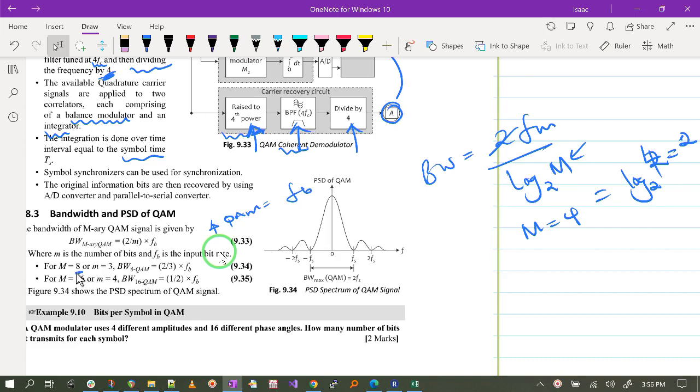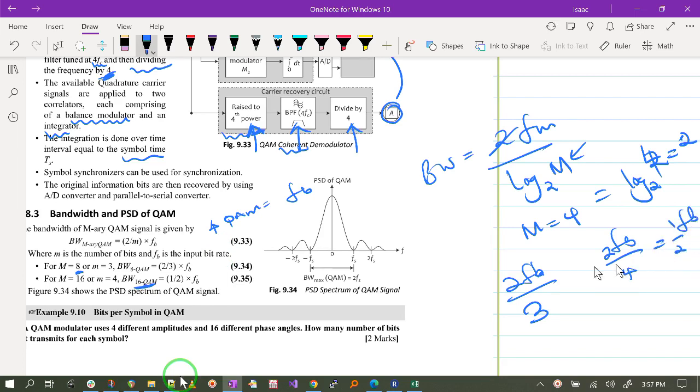For 8-QAM, it is 2FB divided by 3, because log base 2 of 8 is equal to 3. Similarly, for M equals 16, this becomes 2FB divided by 4, which is 1 over 2 FB. That is how you are able to evaluate the bandwidth of a QAM signal.